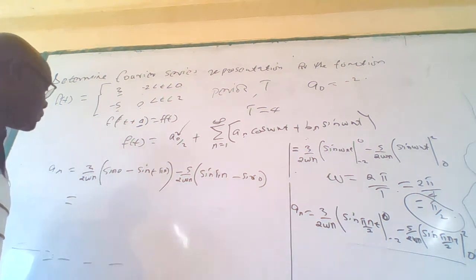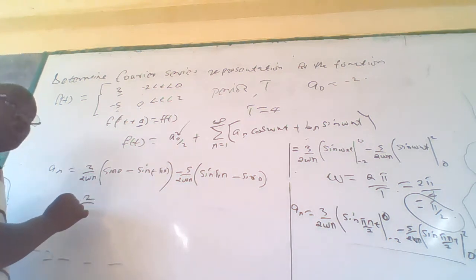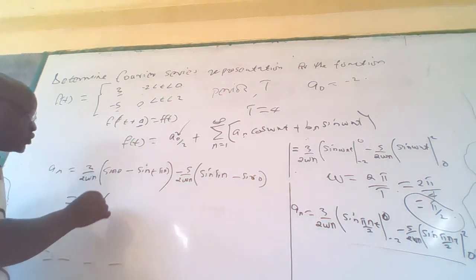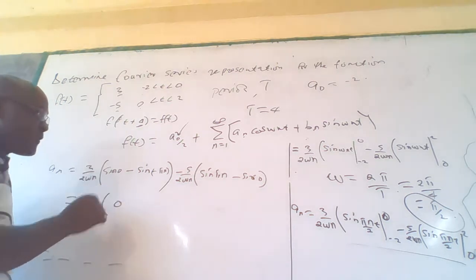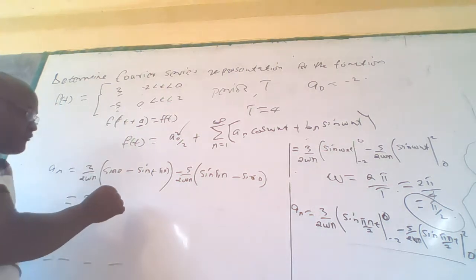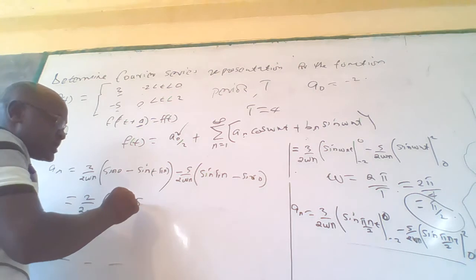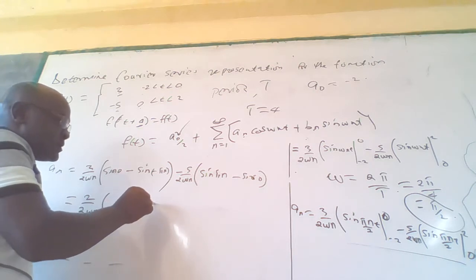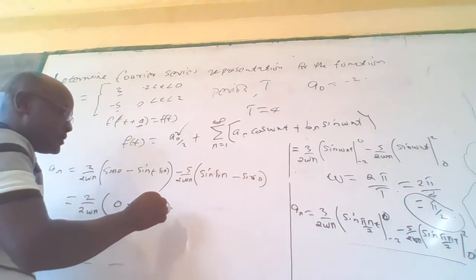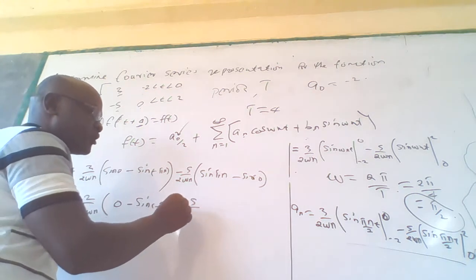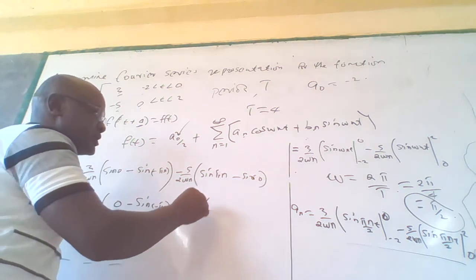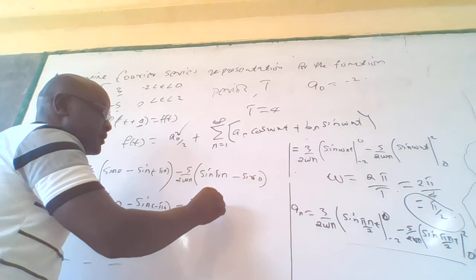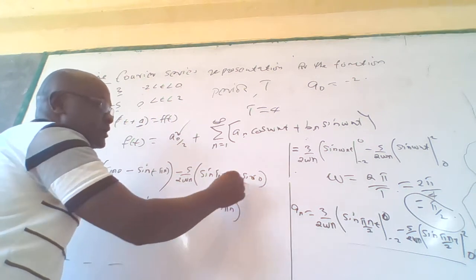This equals 3 over 2 omega n into sine 0, which is 0, and then we have minus sine negative pi n, minus 5 over 2 omega n into sine pi n. This will be 0.